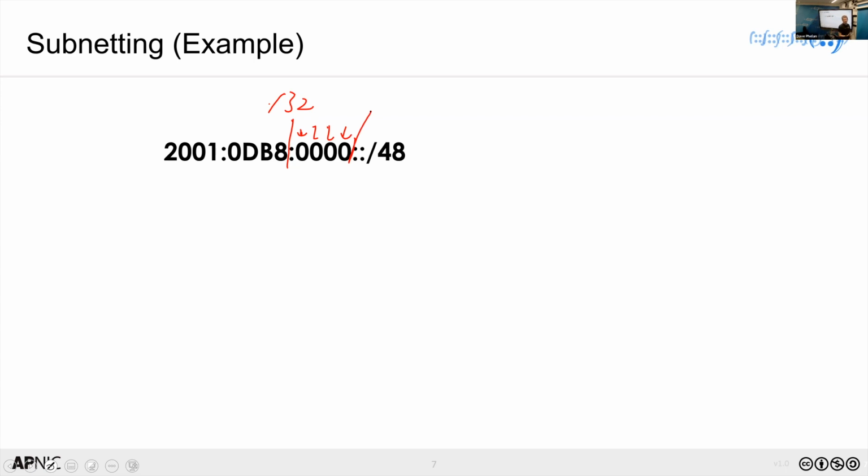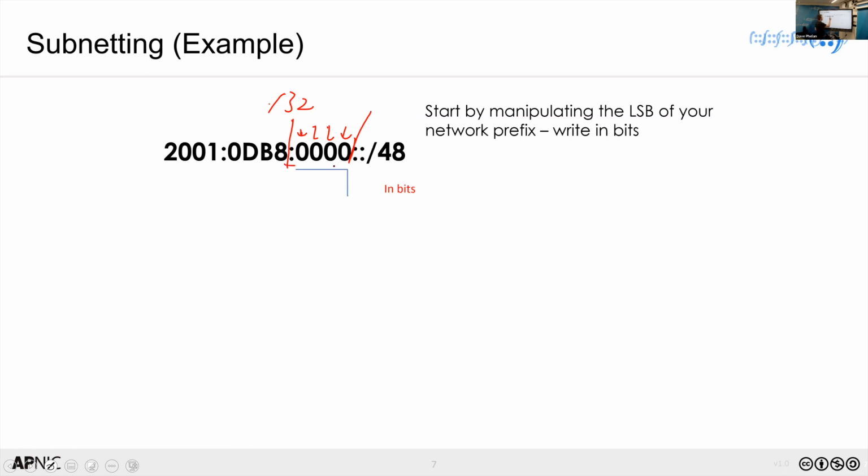So what I need to do, if I want to calculate this so you understand how we do this, we need to manipulate the least significant bit of our prefix. So we're going to write it out in bits. So we'll take this /48, this 16 bits here, and we'll write it out as bits. So there's my first 0, second 0, third 0, and fourth 0.